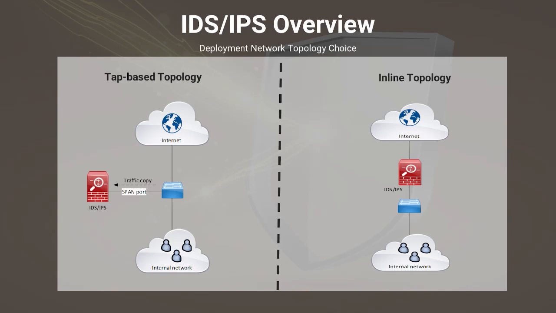And the tap-based mode on the left is not so demanding on perfect sizing of an IDS, because if your bandwidth increases beyond the throughput capacity of your IDS, nothing will happen to your traffic. The latency caused by the IPS will not interfere with your production traffic. Of course, the IDS CPU will be skyrocketing and it will drop packets.